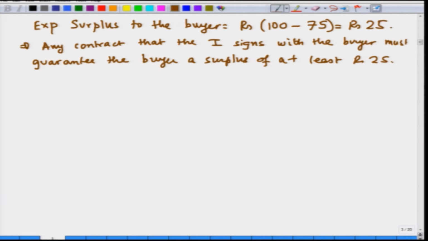Anything less than that, the buyer is not interested in signing that contract.